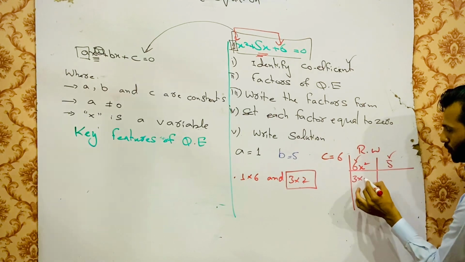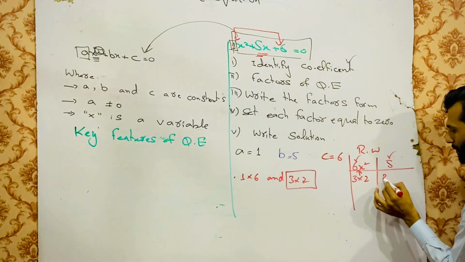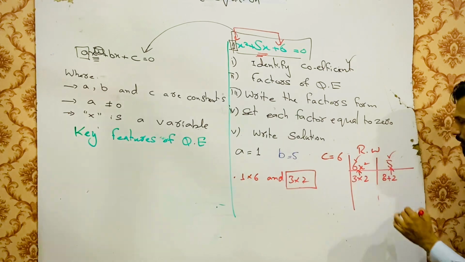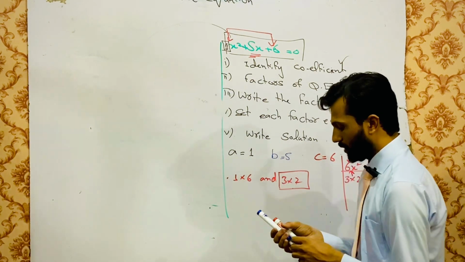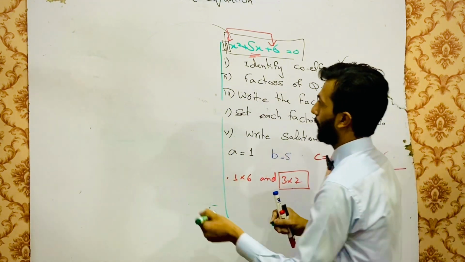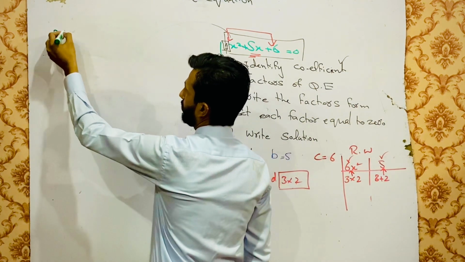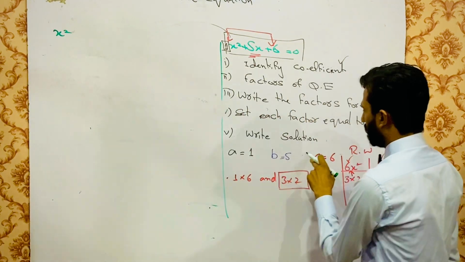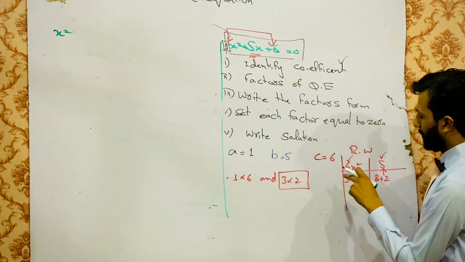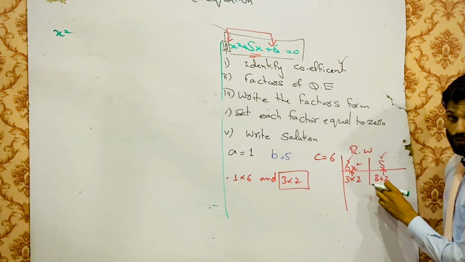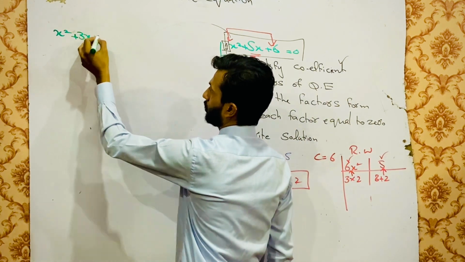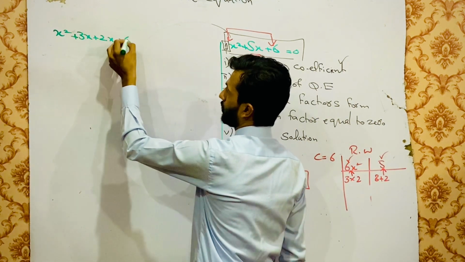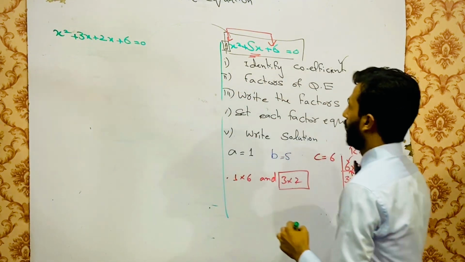Replace the middle term using the factors found: 5x is replaced by 3x and 2x. x square plus 3x plus 2x plus 6 is equal to 0.